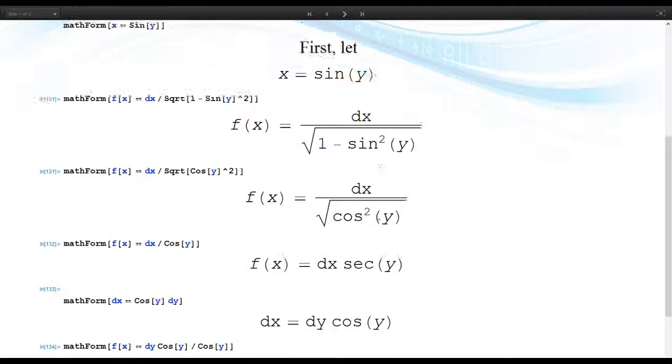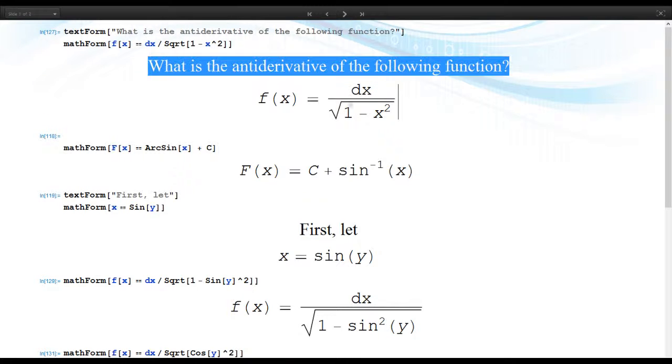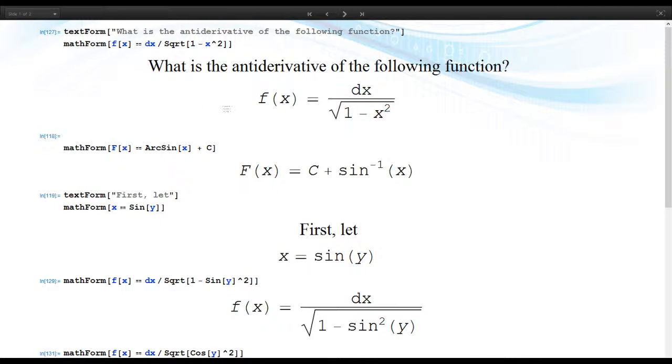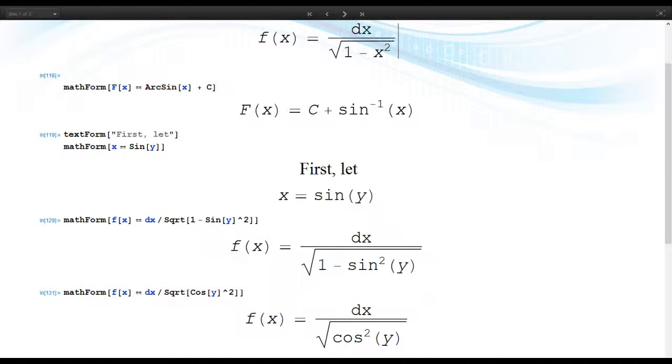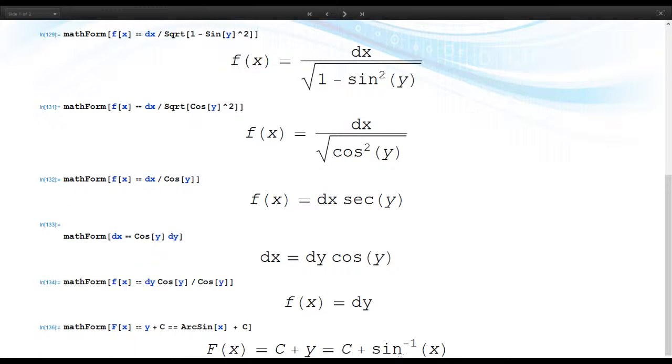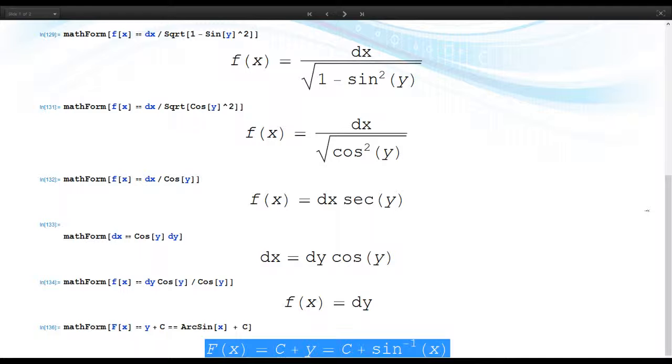But so first we took the antiderivative by just remembering, oh look, it's the derivative of something that we already know. And then we did this trigonometric substitution to convert the problem from an antiderivative of a function of x into an antiderivative of a function of y, and then converted the y back into x to find the antiderivative as a function of x.